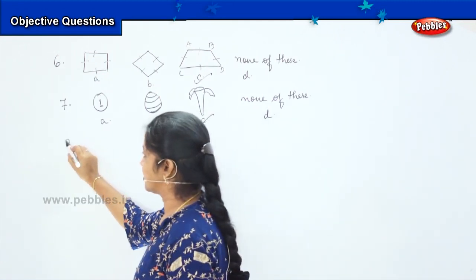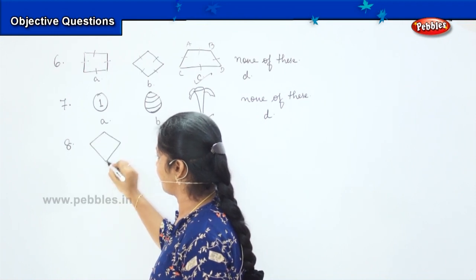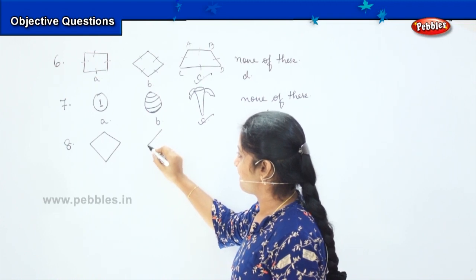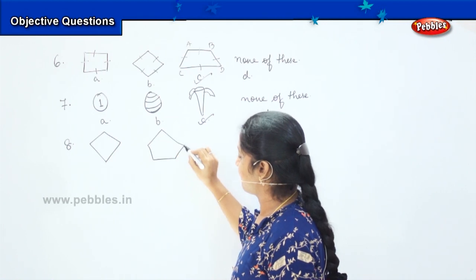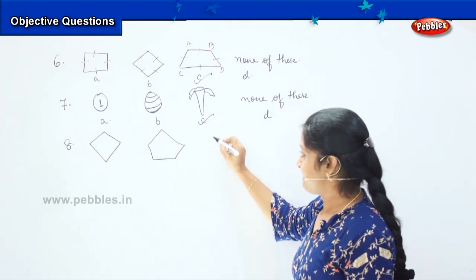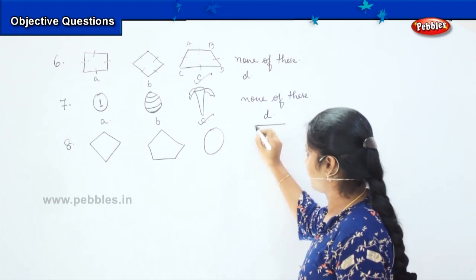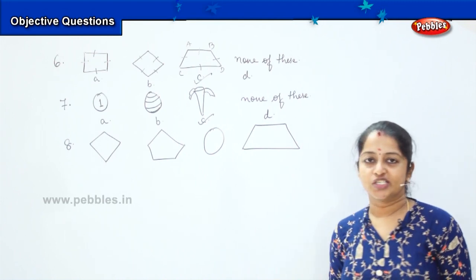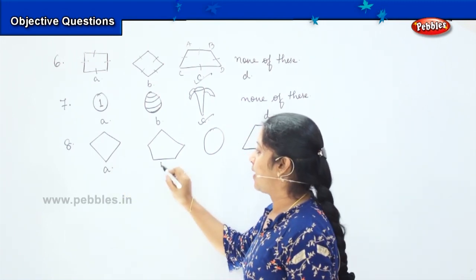Here is your next question. Now, in this question, you have to identify which is an odd one out.